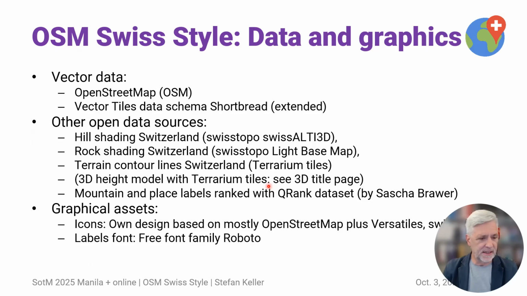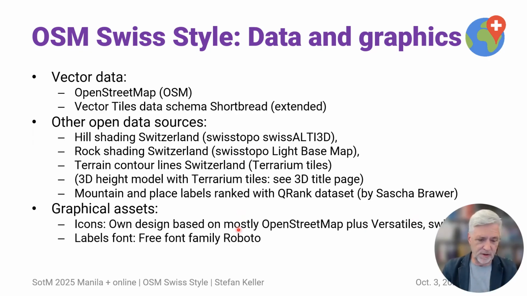And then we do have graphical assets, as said, the icons, where we redesigned and aligned all icons, based on OpenStreetMap icons plus Versatiles plus Swiss Topo, but we tried to make a coherent look and feel for those icons.